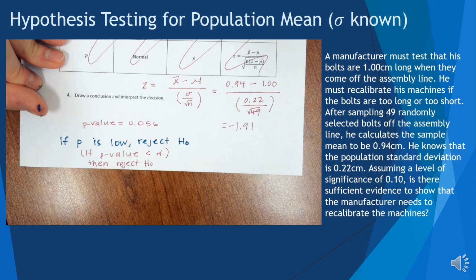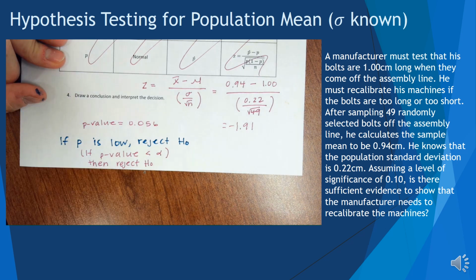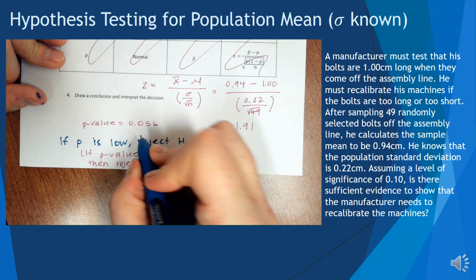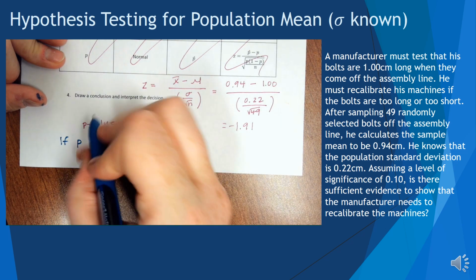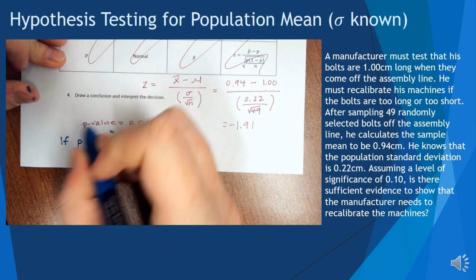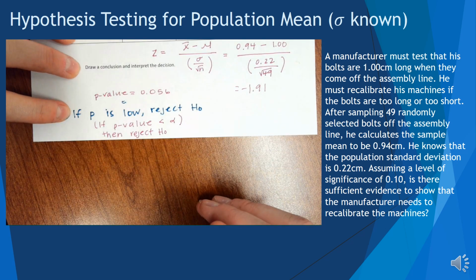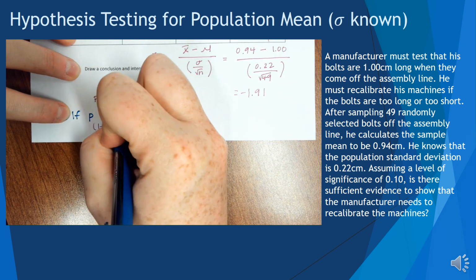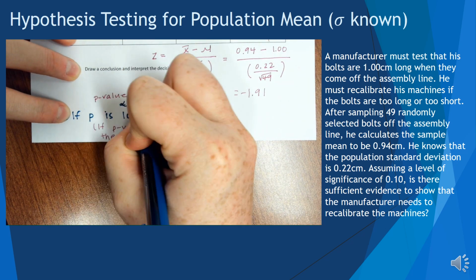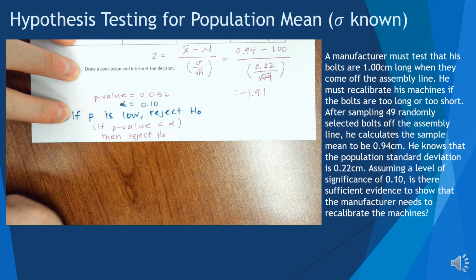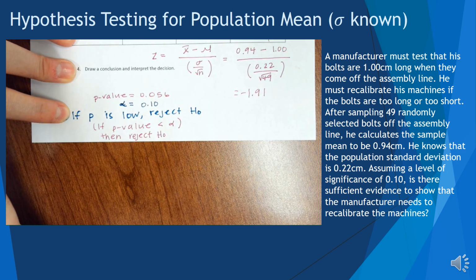Alright, so let's compare our p-value with our level of significance. Our p-value was 0.056. Remember our alpha level, our level of significance, was 0.10. Take a second and think about this. Is the p-value less than your alpha level?